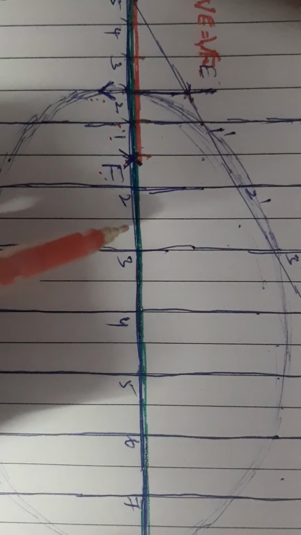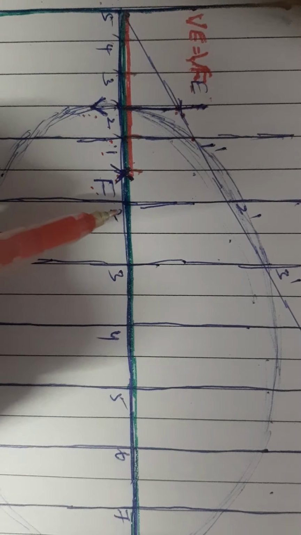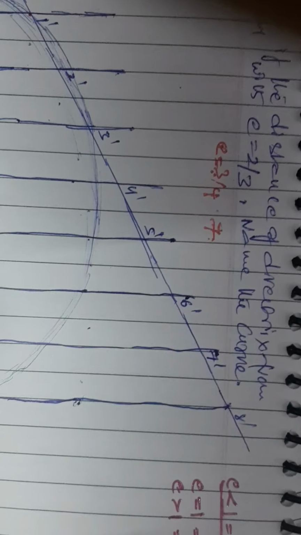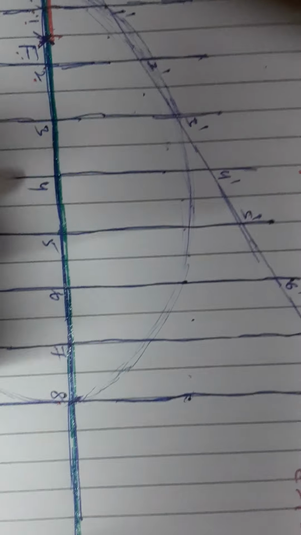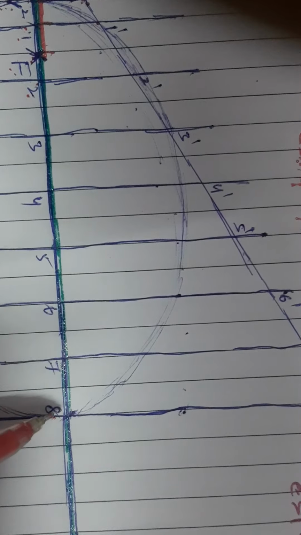Next I draw the second line from this position and name it 2 dash. Likewise I divided this VX line into 8 divisions. The minimum number of divisions should be 8; the maximum depends on your interest.